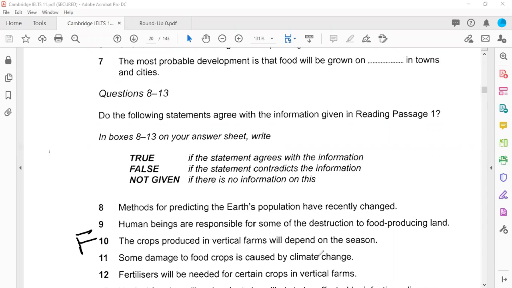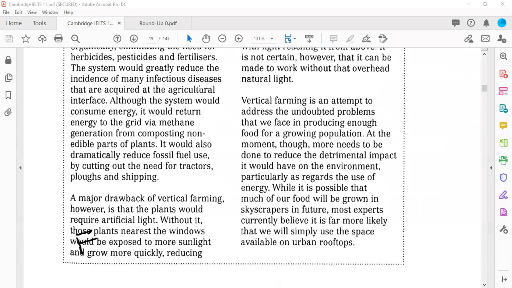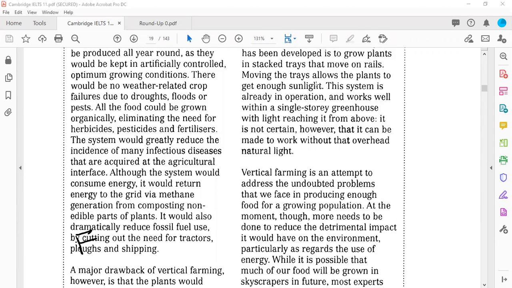Some damage to food crops is caused by climate change.